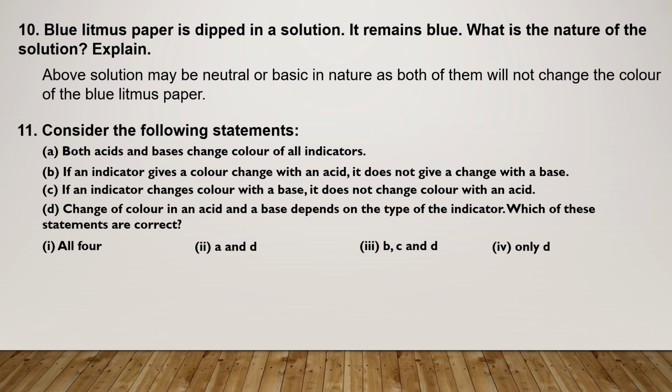If an indicator changes color with a base, it does not change color with an acid. Change of color in an acid and a base depends on the type of the indicator. These are the four options. Which of these statements are correct? So here the option D, only D. This is the correct option. The other three options are wrong.